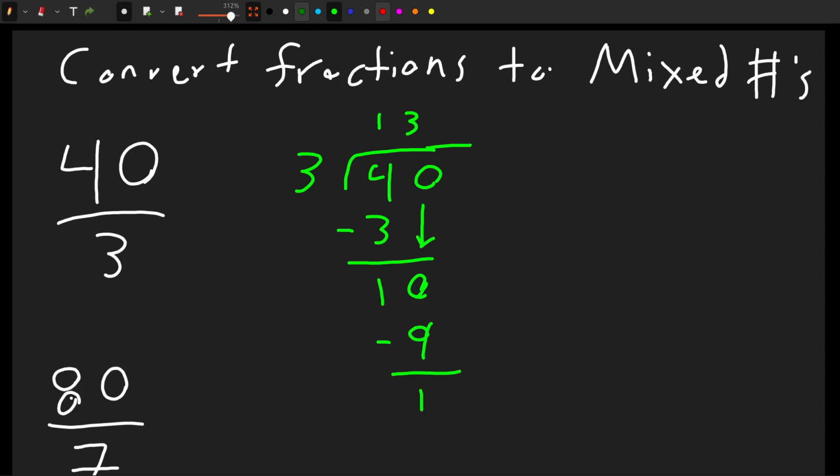But we are left with a 1. And so then the answer here becomes, in this case, 13 is the whole number, 1 is our numerator, and 3 is our denominator. So we're left with 13 and 1/3.